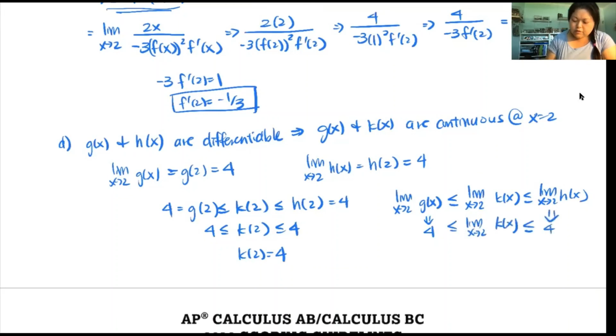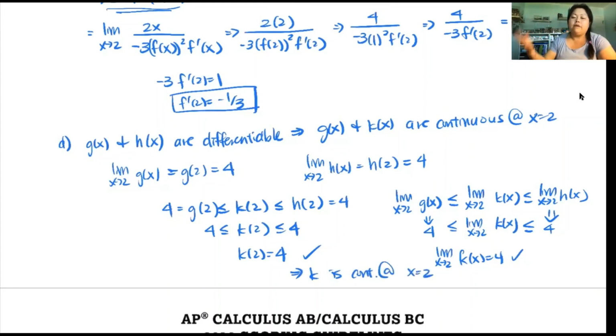This is also equal to 4. So again, for this to work, the limit as x approaches 2 of k of x is also equal to 4. So based on this condition, k is continuous at x equals 2 because the limit and the value are exactly the same. Therefore, it is continuous at x equals 2. Okay, that's it.